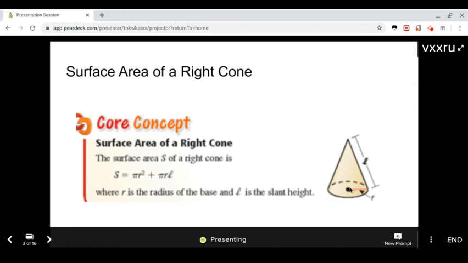So it's pi, the radius here, and then L, or sometimes it's just denoted by the letter S. It's just the side of this cone here. So basically, again, what I just said, where R is the radius of the base, and L is the slant height.